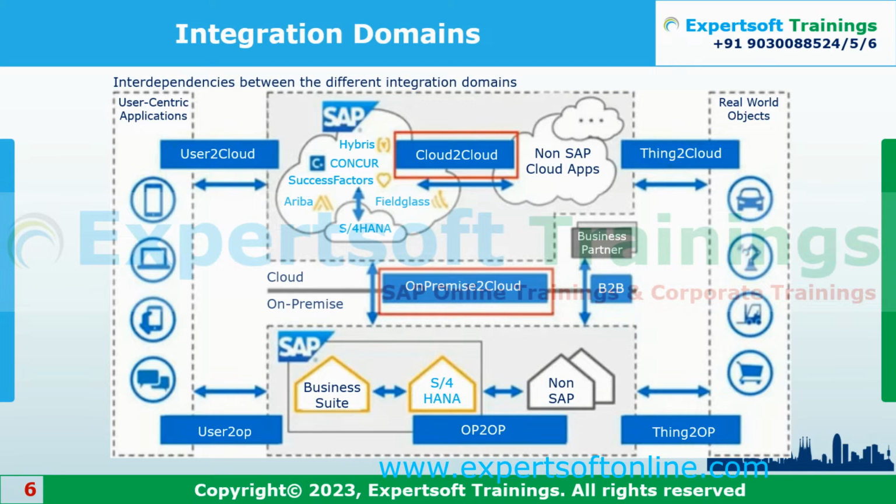Things are connected to the centralized server, and then the centralized server is connected to your SAP system, right? So this is an integration domain that is becoming more and more prevalent, apart from your traditional ones, where, let's say, a vendor has put up an invoice on your centralized file location, and you just pick up that file, use OCR, extract the information, match it with the SAP information, and then decide whether there is a match, whether this needs to be paid or not, or all other steps as per the business process, right?